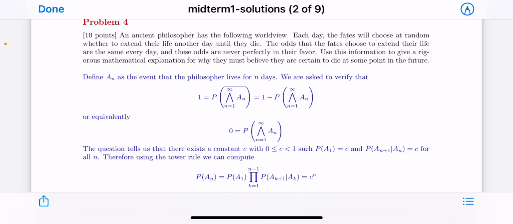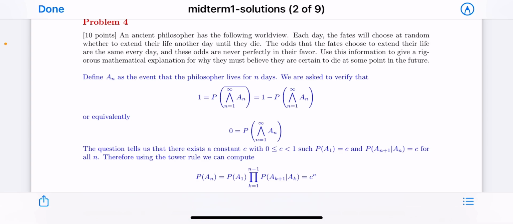I would advise interpreting the phrase perfect odds or perfectly in your favor as meaning the odds are 1, and what the question is supposed to suggest is that the odds are less than 1. However, I think it is somewhat reasonable to interpret it as saying that their odds are never in their favor, which would mean the odds are always less than or equal to 1/2.